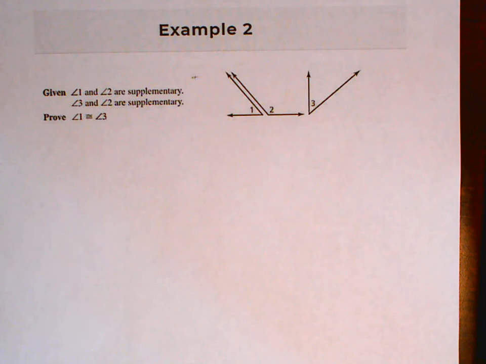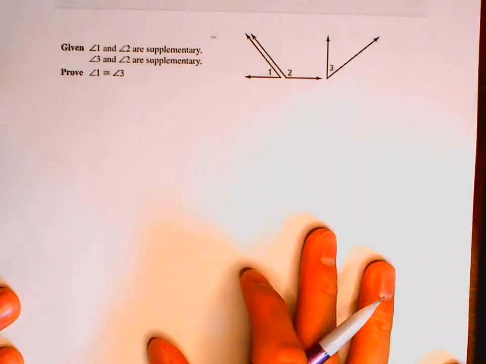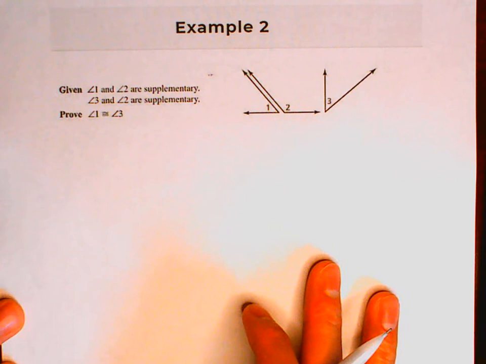Given that angle 1 and 2 are supplementary and angle 3 and 2 are supplementary, prove that angle 1 and angle 3 are congruent.